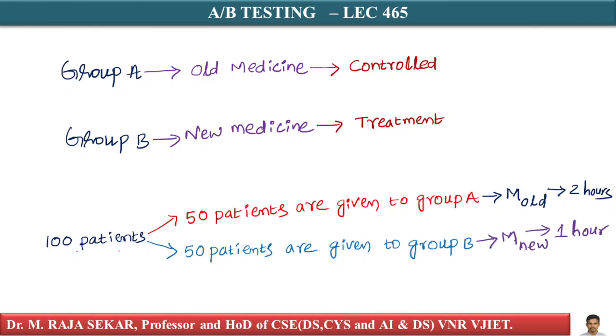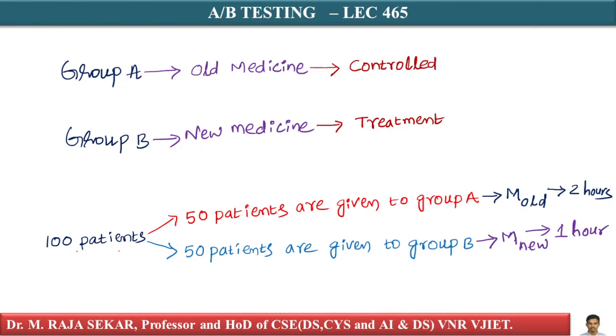That shows my new medicine is more effective. This is a real life test. This is not a chemical test saying my new medicine has some chemical, that's why it is better. This is a true test.